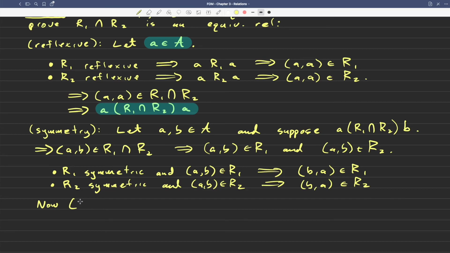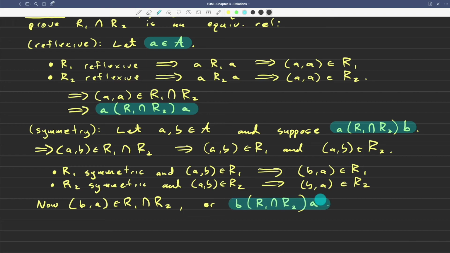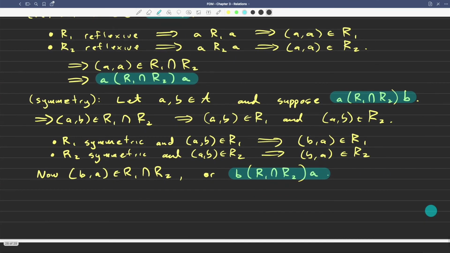Now we have B comma A is in R1 intersect R2. Or, using the other notation, B is related to A in R1 intersect R2, in that order. So broad strokes, we started with A related to B in that relation, and we got to B related to A in that relation. And so that establishes symmetry.